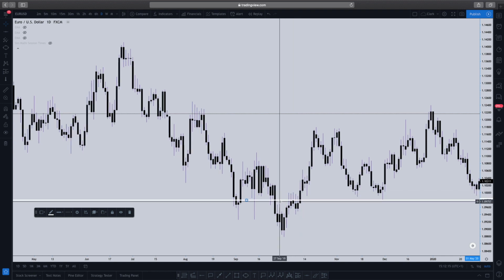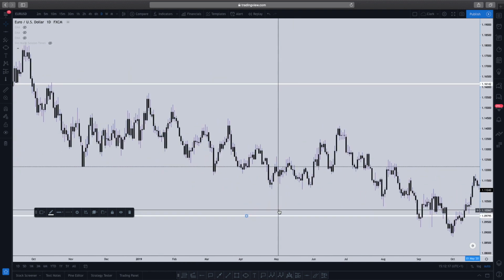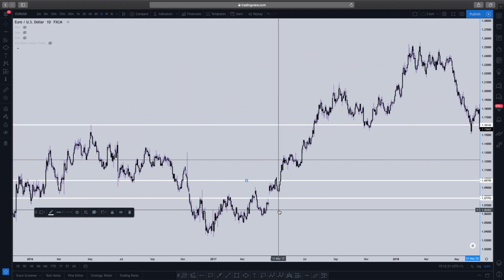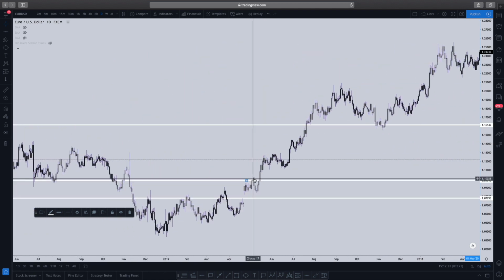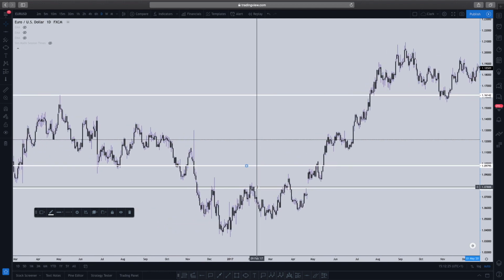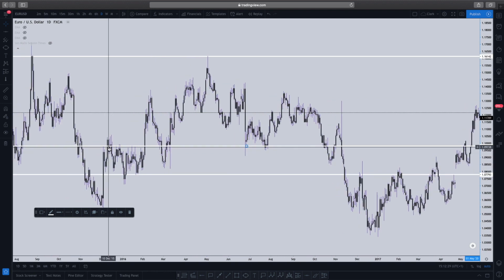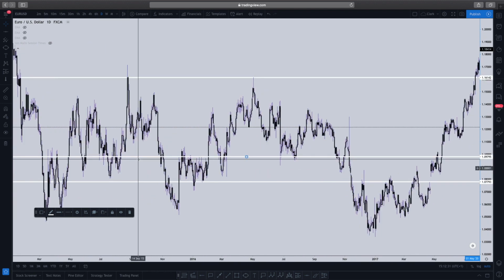Resistance, breaks it. So this would happen all the way back. Right there, smash through, reacts here as a resistance.